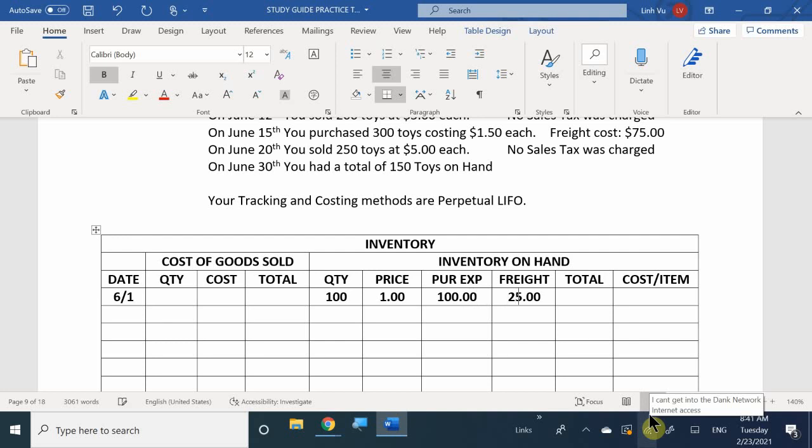Right? And what's my total cost? 125. And what is my cost per unit? $1.25. Okay. Good. Since I don't have my full table with me, that's okay. You guys can imagine the last 3 columns on the right side.